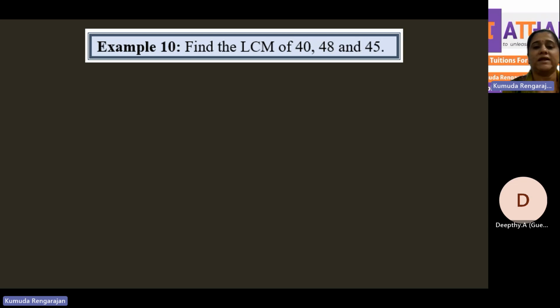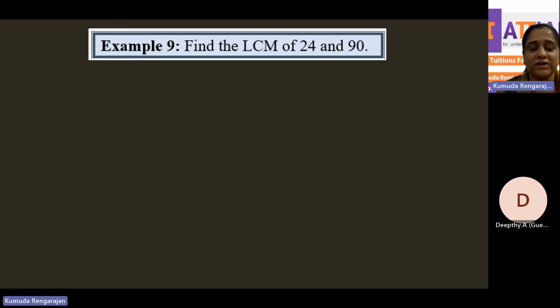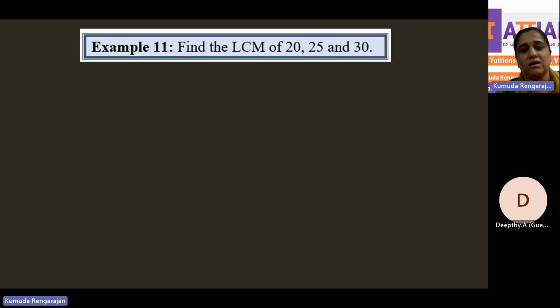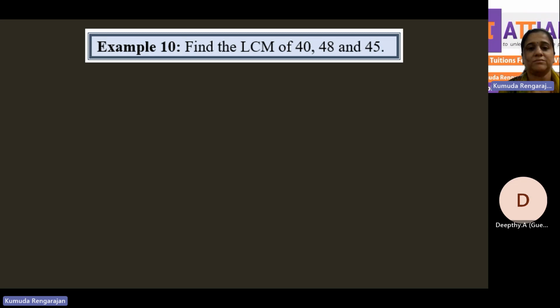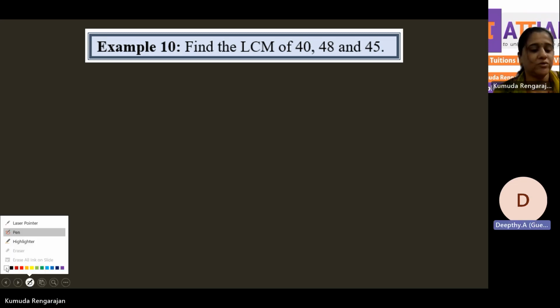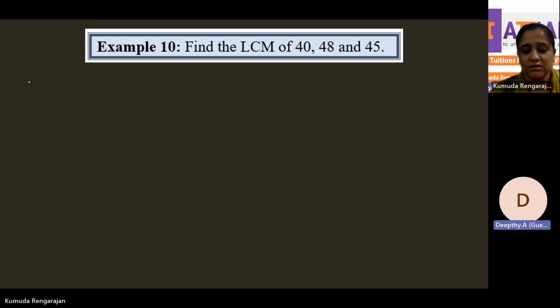Now we'll find the LCM of these 3 numbers. Once we finish this one, example 9 and example 11, I'll ask you to do by yourself. So now I'll do this one for you. Take down the question. Both methods, right? Both the methods. Yes.